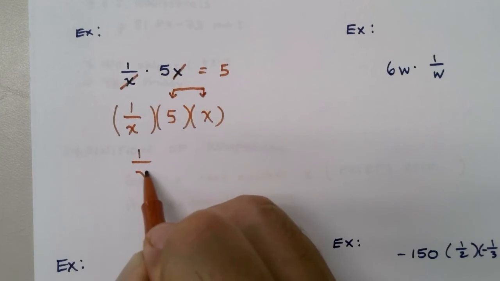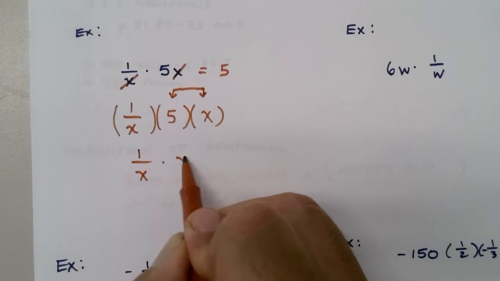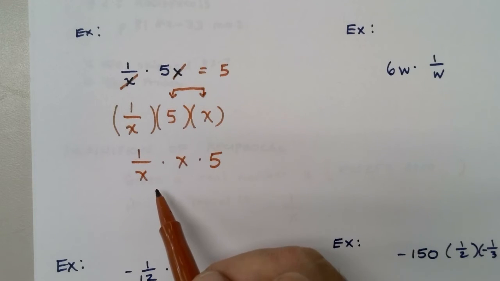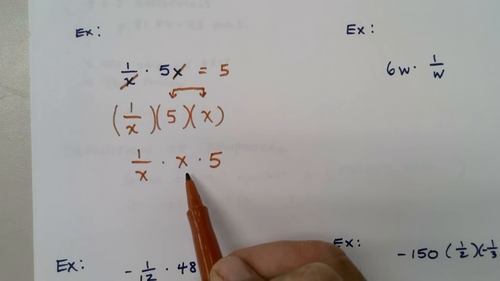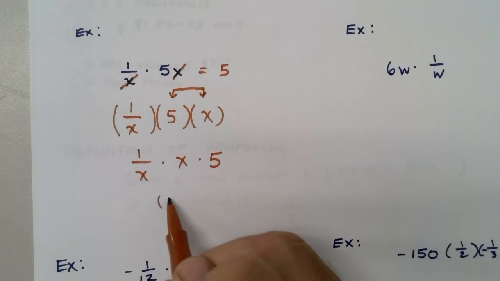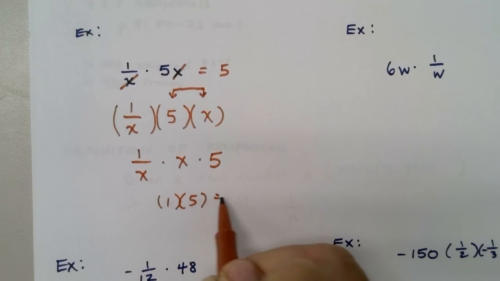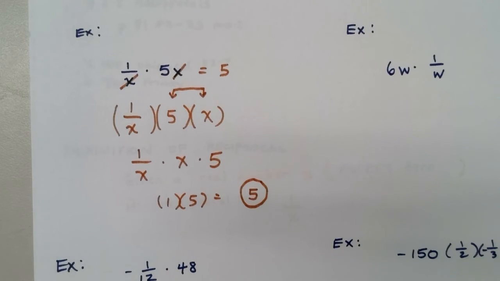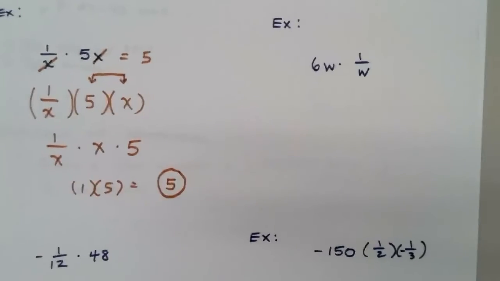So I get 1 over x times 5, right? And then I know that any number times its reciprocal is 1, which means I get 1 times 5, which is 5. Pretty easy. I did it the long way and it still took a minute.